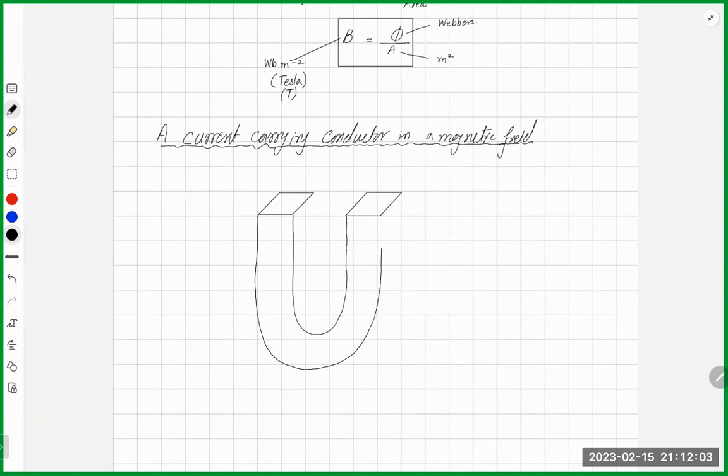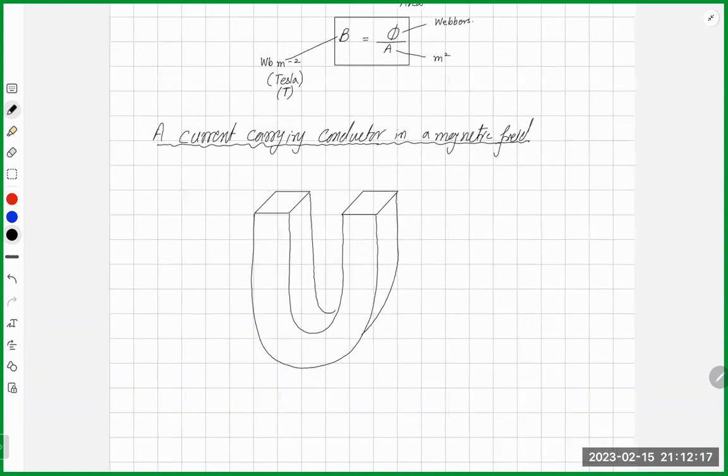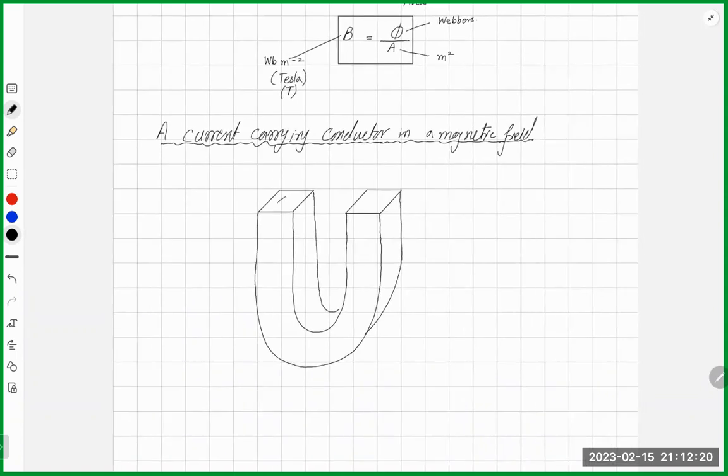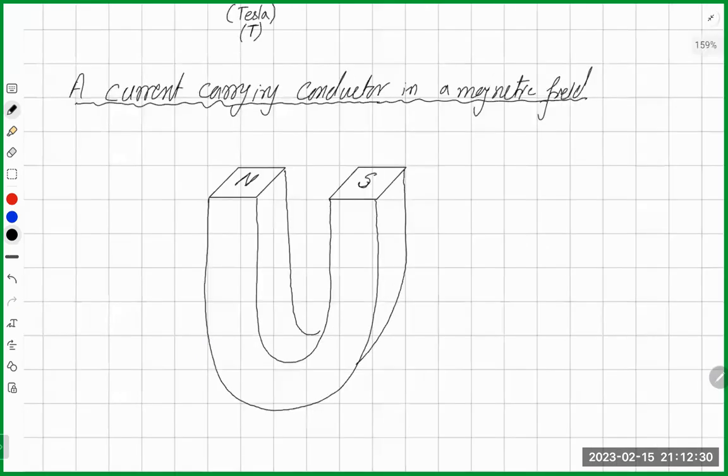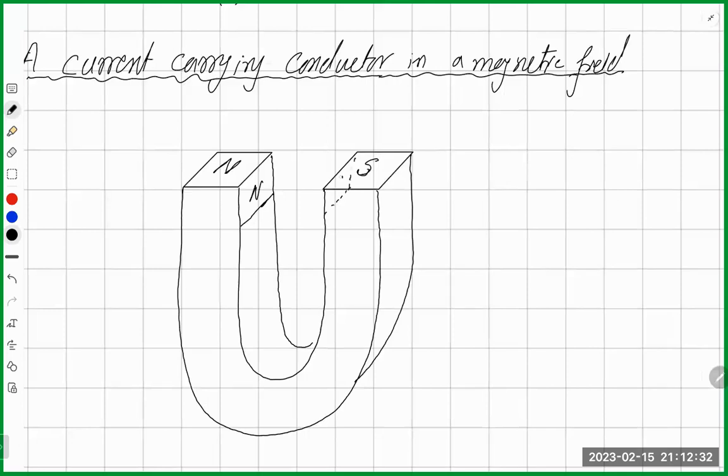So here is a U-shaped magnet. We use these magnets for a specific reason. Because we have bent a bar magnet into the shape of a U, we can now get a North Pole in front of a South Pole. So this is the north side of the magnet, and there will be a south side right in front of it.